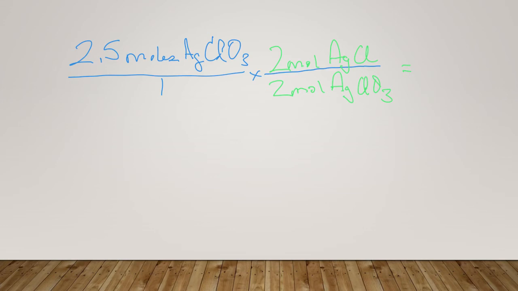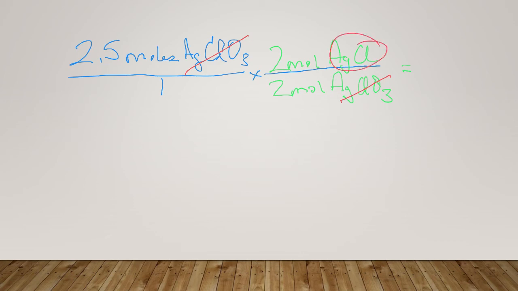All right, I ran out of room on that screen, so we have a new screen. I'm going to take the 2.5 moles that we just found of silver chlorate, put that over 1, and multiply it times the mole ratio. I want to have the silver chlorate on the bottom so that it cancels the silver chlorate over here, and we're converting into silver chloride on the top.